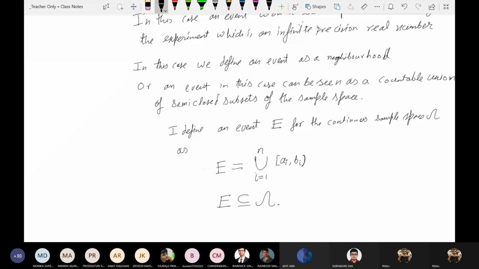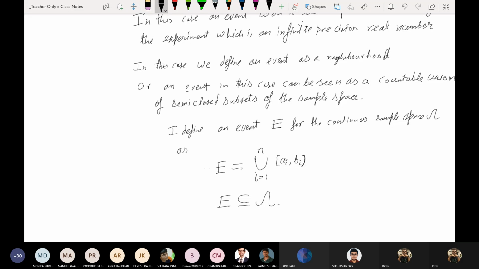So those properties of the probability measure will be specified only when these sets are semi-open or semi-closed. You can consider these to be semi-closed as well. That doesn't matter. But they have to be open on one side and closed on the other. Otherwise, you won't be able to have partitions of this.